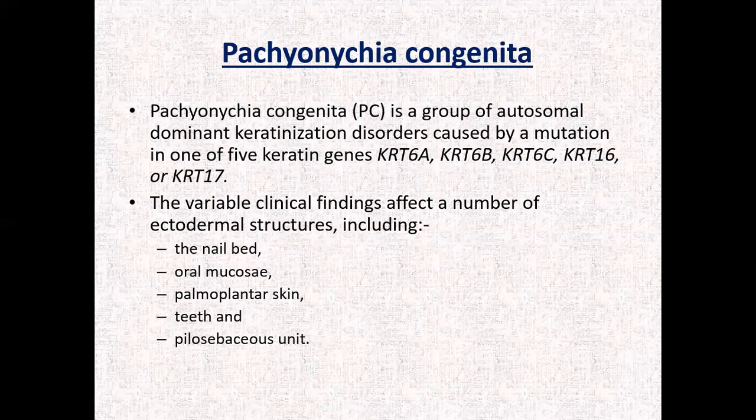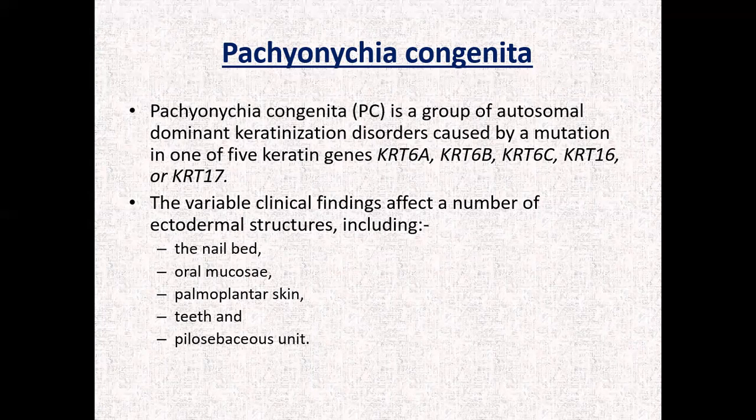Then a very commonly asked disorder, both in the clinicals as well as in written exams, is Pachyonychia congenita. Pachyonychia congenita is a group of autosomal dominant keratinizing disorders, which is characterized by mutation of a number of keratin genes like 6A, 6B, 6C, 16, and 17.